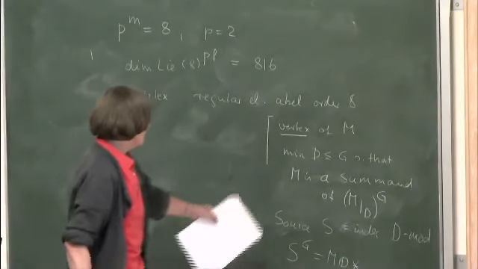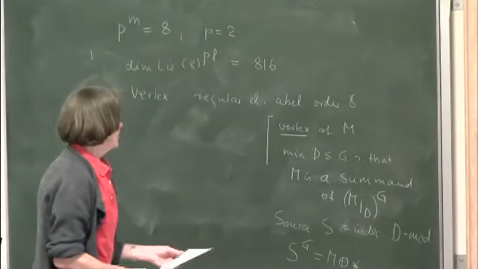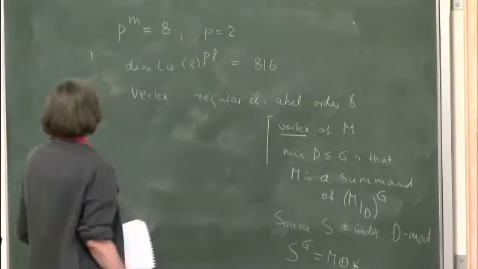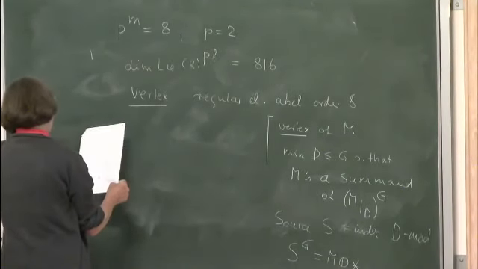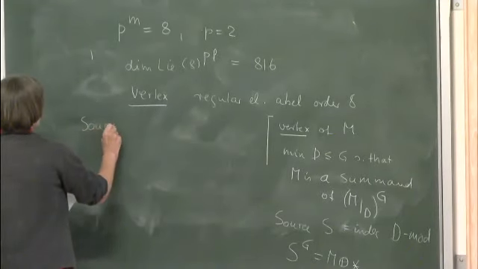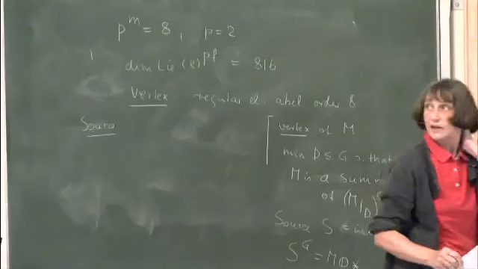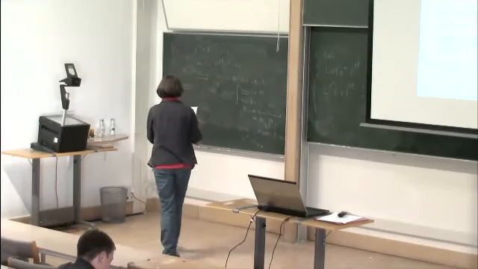So in some sense the vertex and the source will give you main information about how to get hold of your module. Anyway, so they calculate a vertex, regular elementary abelian of order 8, and they also have a source, and that's why I asked Jeff about endopermutation modules, because the source turns out to be an endopermutation module.